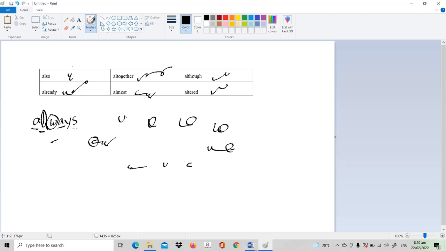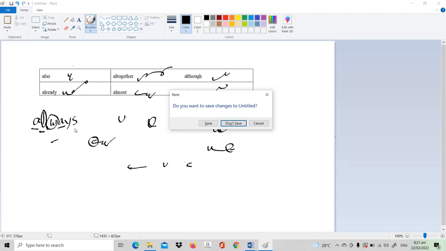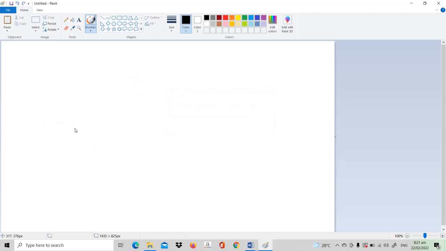Pero, as you go on and improve your skills on shorthand writing, madi-develop ninyo yung sarili ninyong estilo ng pagsusulat. Okay, so as long as naiintindihan naman ninyo kung ano yung mga sinusulat ninyo, then walang problema dun.